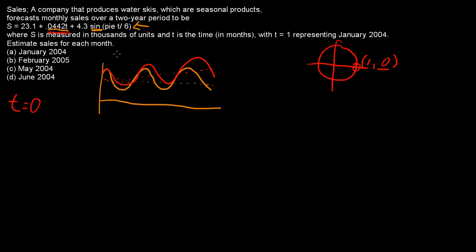So that's 0 too, and you're just left with S equals 23.1. That gives you the initial starting value.